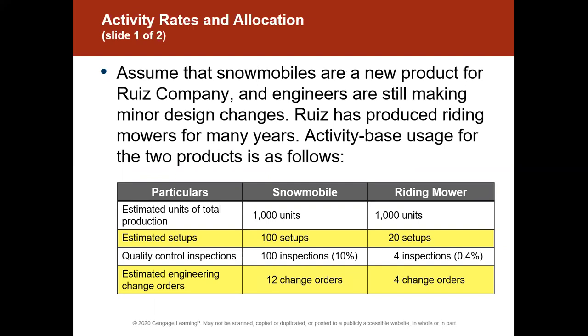You'll find that when you start making a new product, there's just a learning curve, and so you're going to be changing equipment and stuff more often. Quality control inspections, again, 100 inspections for 1,000 units, as opposed to riding mowers. Again, why? Because they've been making riding mowers a long time. They know their process better. Engineering change orders, 12 to 4.